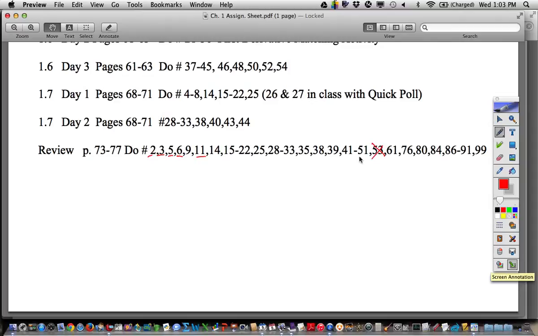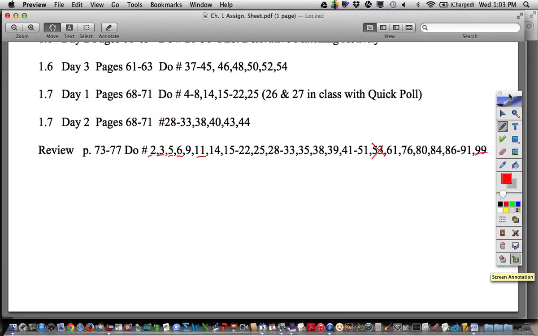Okay, so 2, 3, 5, 6, 11, 99 out here. To me, those are ones that are okay to do, but I would maybe do those last. 9 I would skip. It's a good problem, but it doesn't really have anything to do with the quiz tomorrow. 53 I would skip. So those are probably the 2 I would skip.